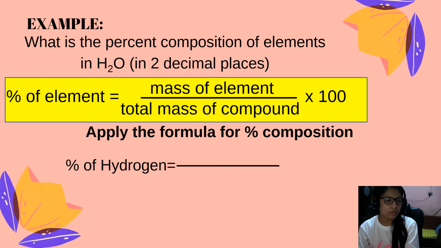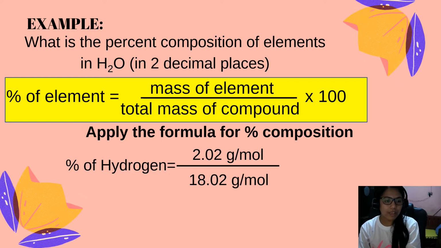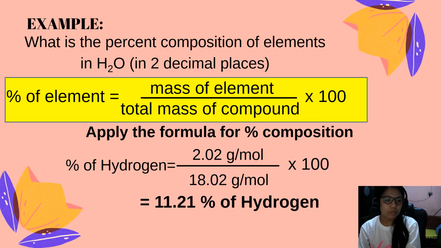Percentage of hydrogen is equal to ang na-compute natin na molar mass is 2.02 gram per mole sa hydrogen. I-divide natin siya sa total molar mass, 18.02 gram per mole, multiplied by 100. Okay? So the answer will be 11.21% of hydrogen. So ito yung percentage composition ng hydrogen.